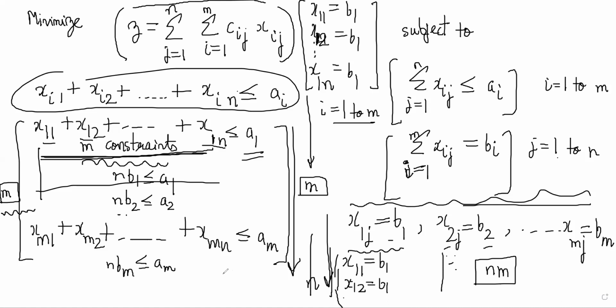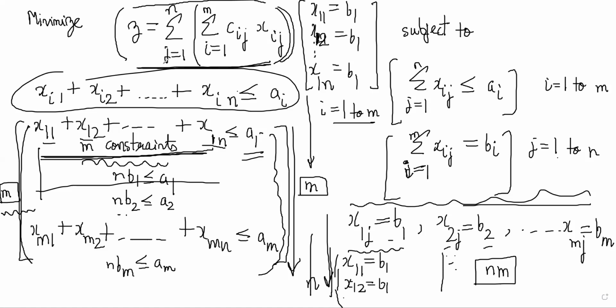Okay, I'm not sure about this, because I feel like we have m constraints done. Right now I feel like there are m constraints here, but after that, this minimizing part here, if we rewrite it a little bit, we might get many equations here actually. First you can substitute all the i's here. It will be c1j x1j plus c2j x2j, right? Till cmj xmj.